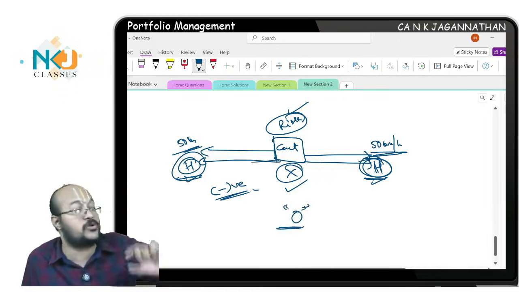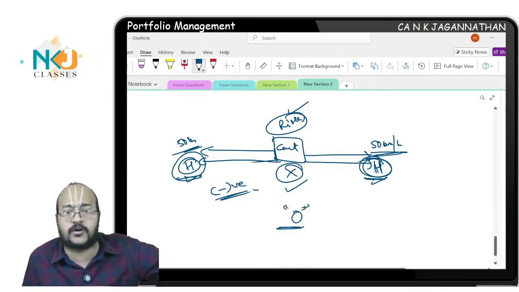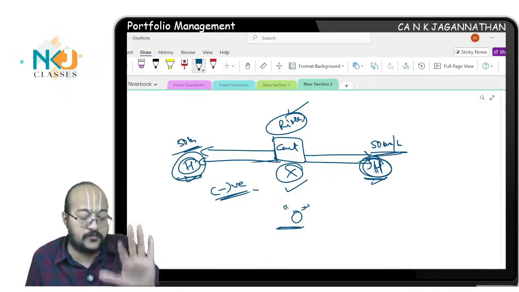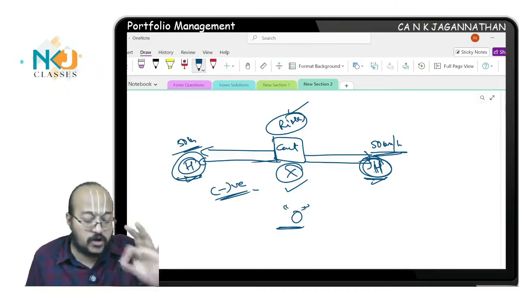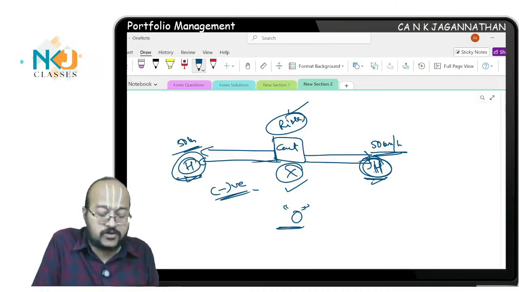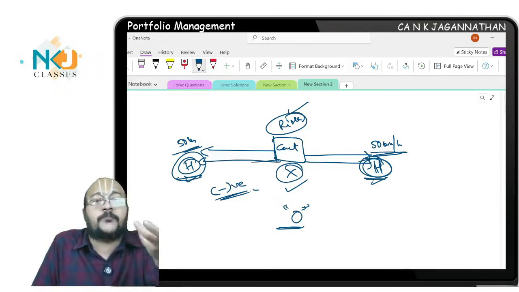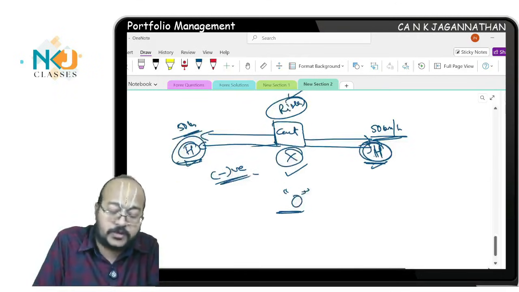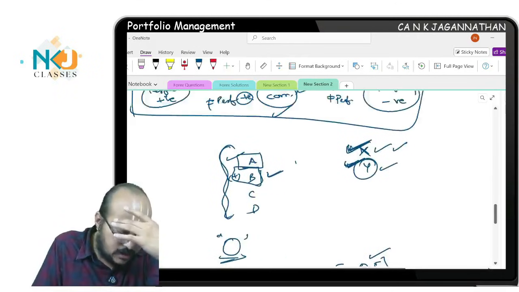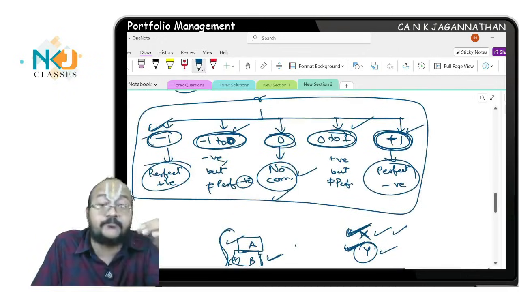This is called a zero risk portfolio. How it is computed, the formula, the derivation, everything I will discuss briefly in a few minutes. Just observe what happens when there is perfect negative: the cart will not move. Are you understanding? No risk at all, zero risk portfolio is possible. Yes. Now come to the situation where I explain why I am discussing this.